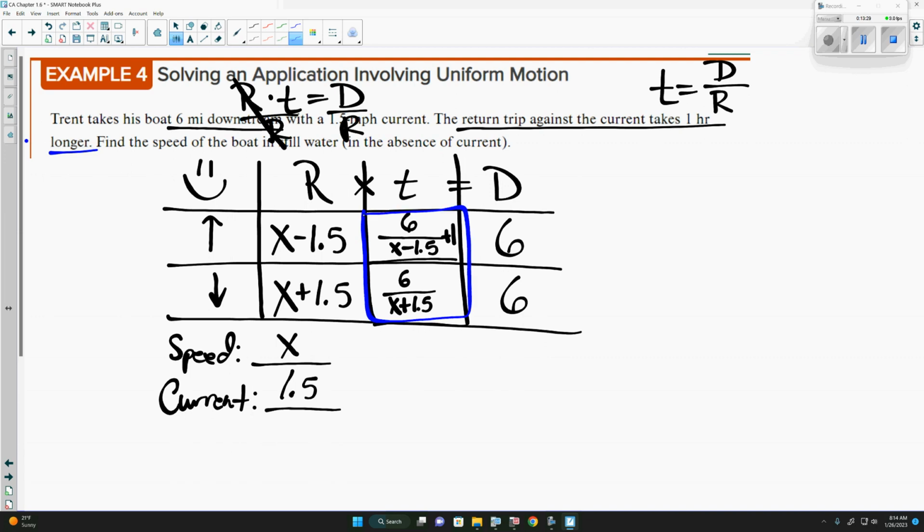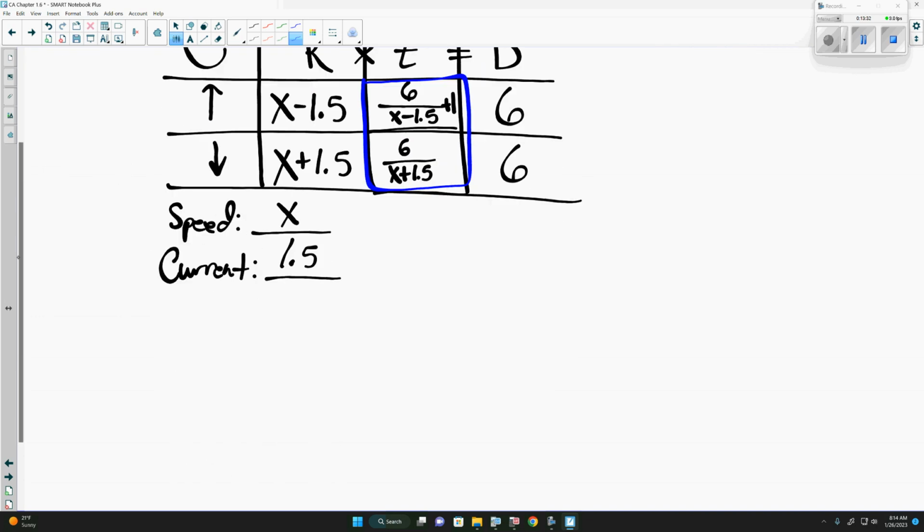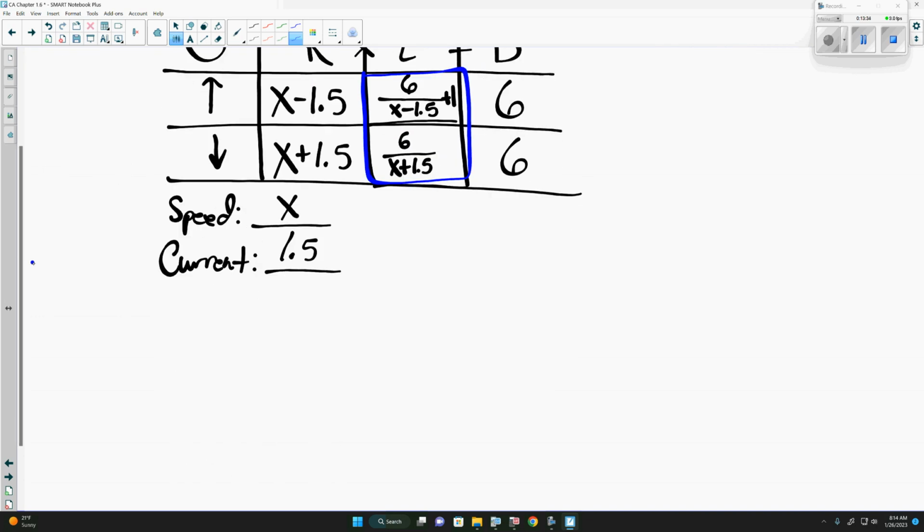Set these two equal. Because once we get this set up, something's going to be equal, and the one that's going to be equal is the one that we've kind of calculated out.